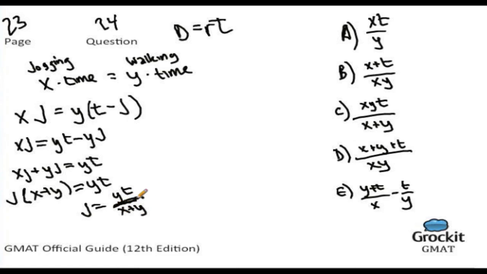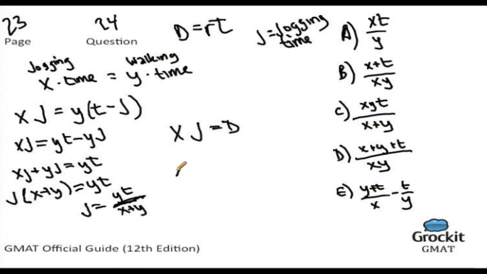We just figured out his jogging time. We actually want to figure out how many miles he can travel. So his distance that he can travel jogging is going to equal his jogging rate, which we already know is x, times his jogging time. Remember that j equals his jogging time. So x times j equals the distance that we're after. And we just established what j is.